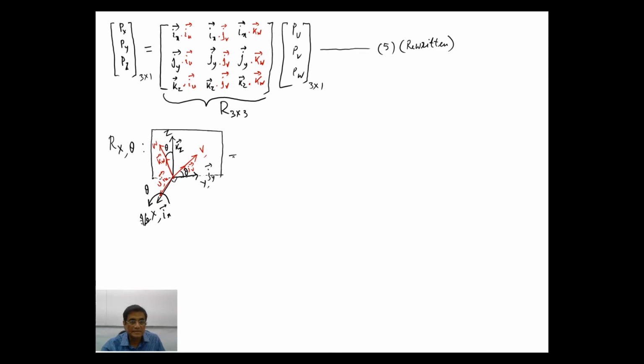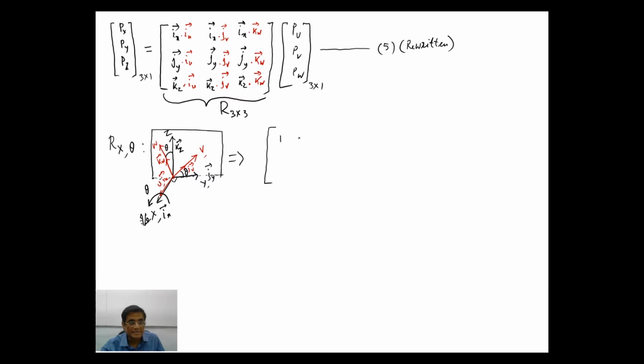And with this, let us try to evaluate this matrix. What will be the nature of the matrix? Try to understand. iu dot ix, the angle between them is 0. So this will be 1 times cos 0, and these are unit vectors, so the value is 1.